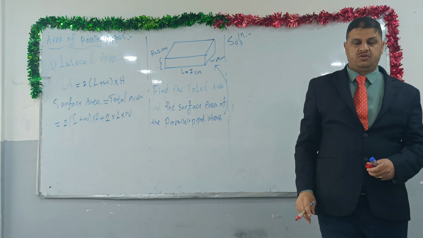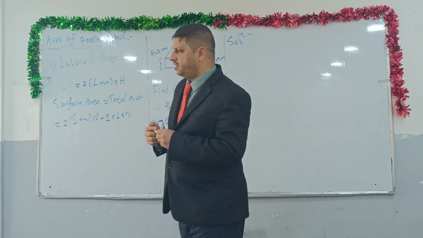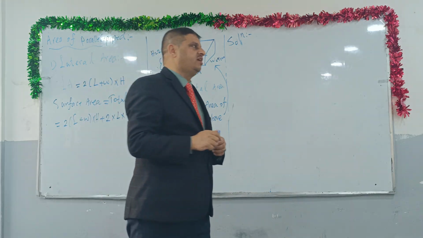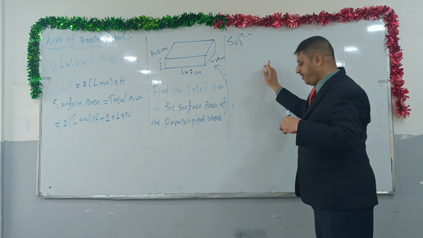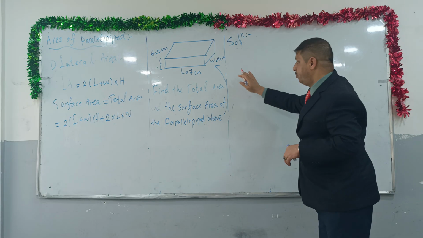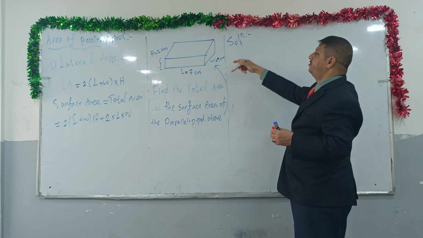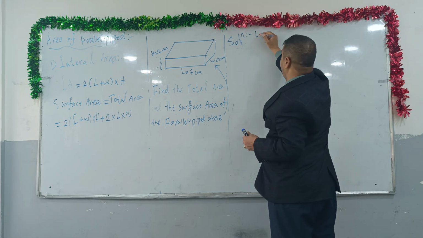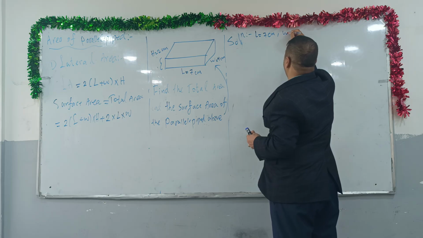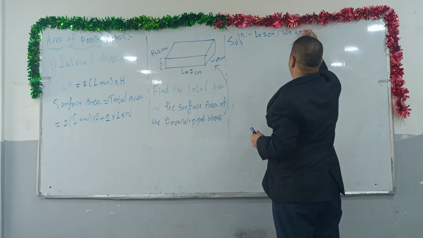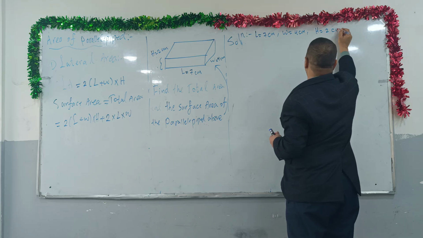Now to solve this, when he asks me for the areas, the total area, the surface area and the lateral area, I will write in front of me all the information about this shape: length equals 7 centimeter, width equals 4 centimeter, and height equals 2 centimeter.